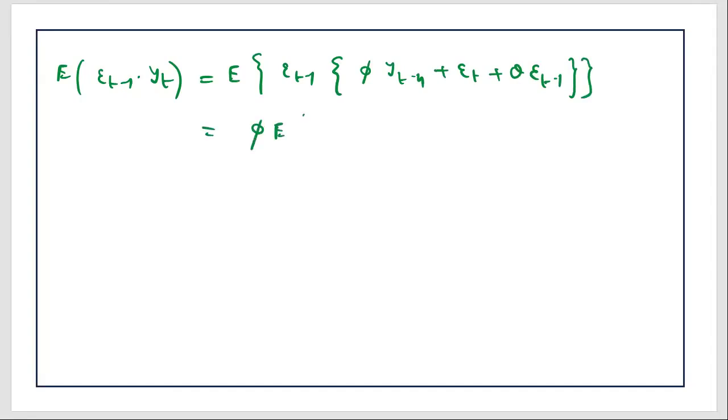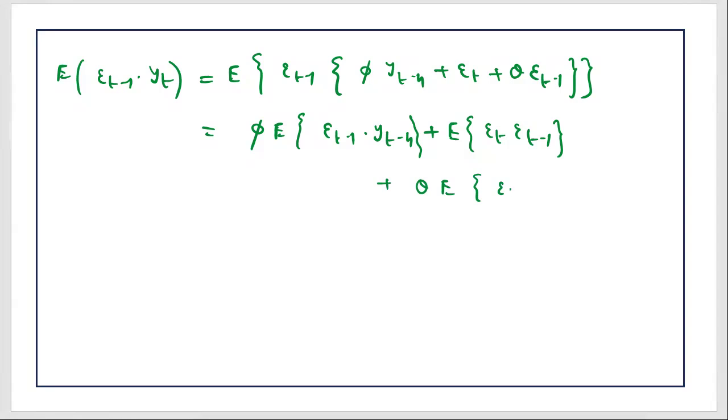So phi expectation of epsilon t minus 1 yt minus 4 plus expectation of epsilon t minus 1 epsilon t, and then you have plus theta expectation of epsilon t minus 1 whole square.